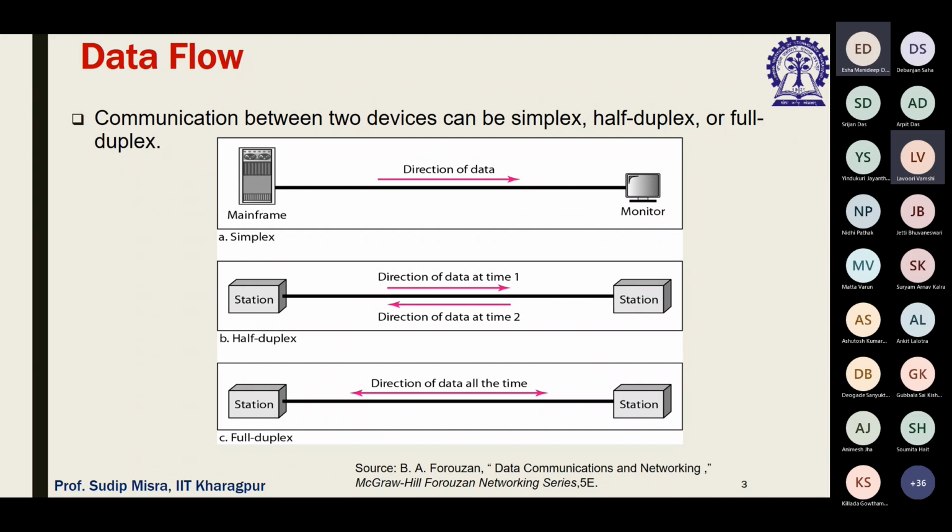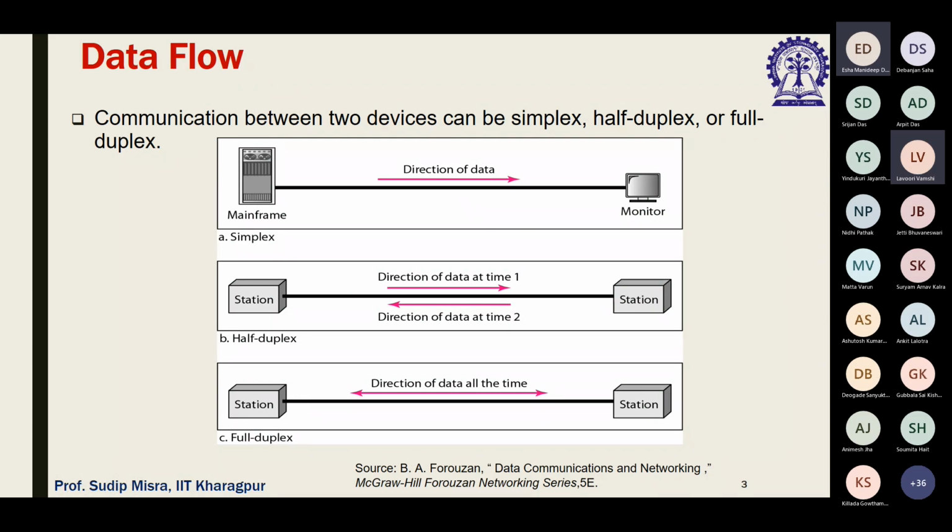You see that in this particular figure, the mainframe computer sends some message to the monitor. The direction of data, as you can see over here, this is simplex connection. You have a unidirectional flow of all the messages, all the data coming across. So simplex, remember, one-way street.